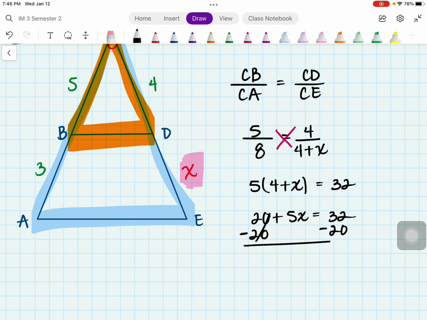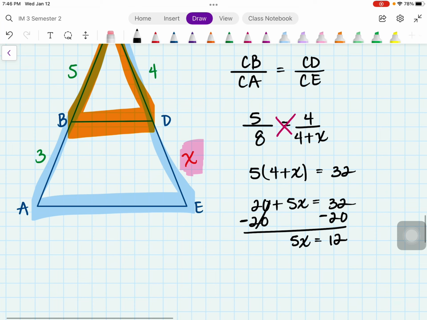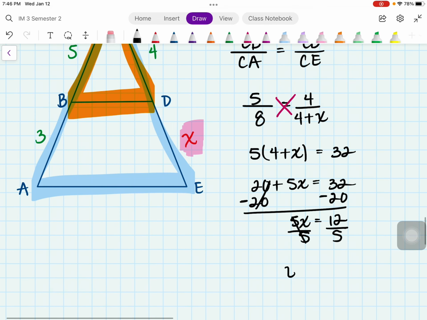All right. Next step is to subtract the 20 to both sides. And that would give us 5X equal to 12. Final step for us here is to divide by 5 and divide by 5. And X in this case is going to equal 12 over 5.